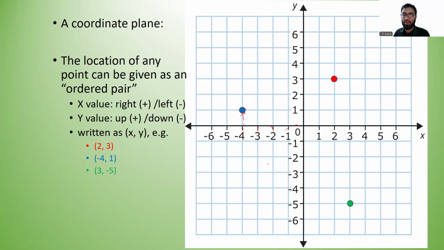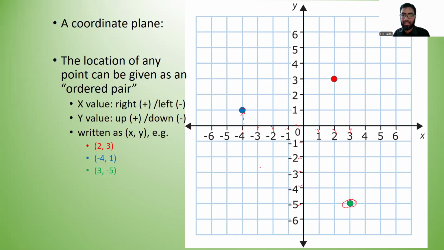Okay, there you go. 3 and minus 5 will be: we will move three units to the right, 1, 2, 3, and then 5 units downwards, 1, minus 1, minus 2, minus 3, minus 4, minus 5. So 3 units here, 5 units here.